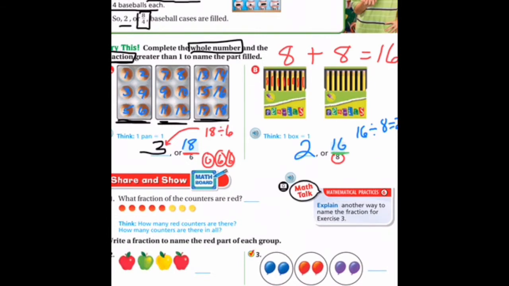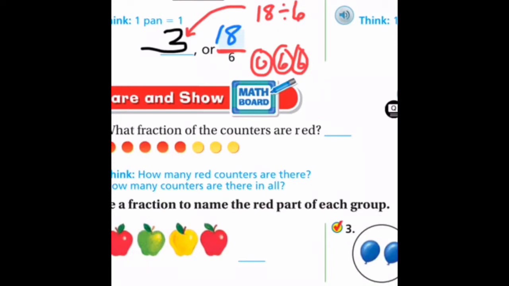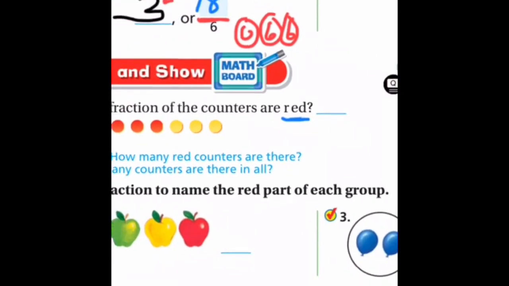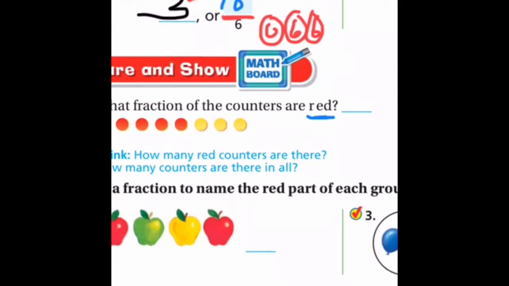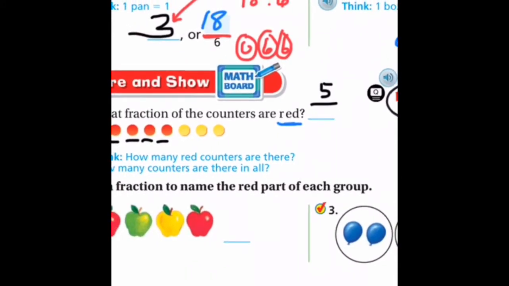Good luck, everybody. All right, boys and girls, I assume now you've done the first three and you're checking your work. The first one says, what fraction of the counters are red? Okay, so we have a fraction. You need to count how many are red. There are 1, 2, 3, 4, 5 of them are red. So that's my top number. The bottom number will be the total number of counters.